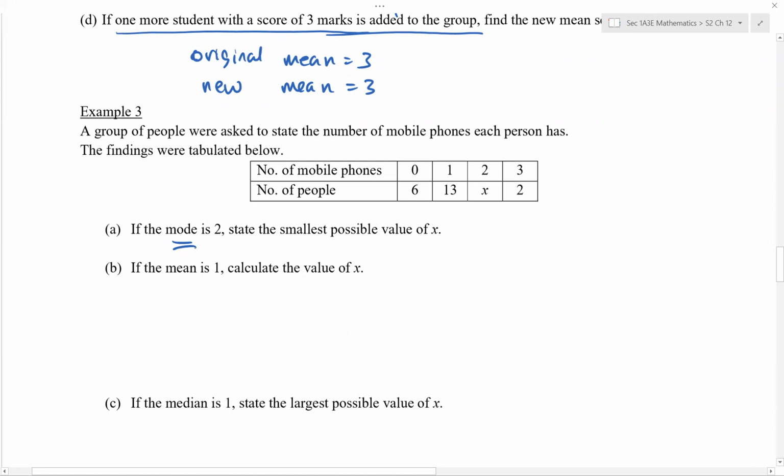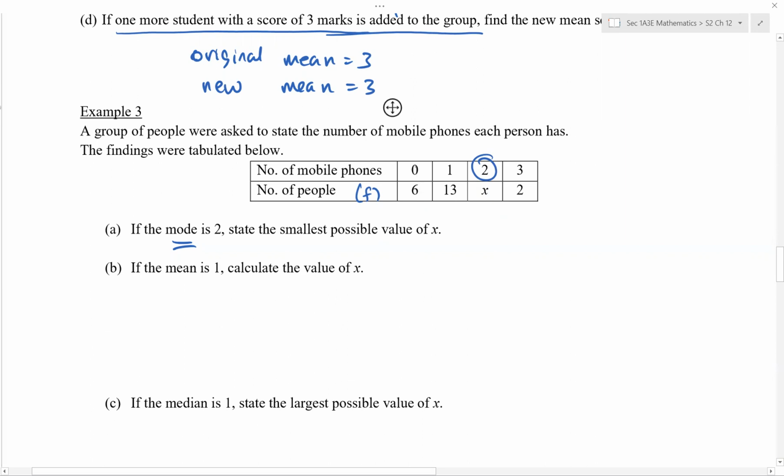Okay, the most frequently occurring value is 2. This is our frequency here. This is our x value. The most frequent value is actually 2. So this 2 appears the most times. Let that sink in first.